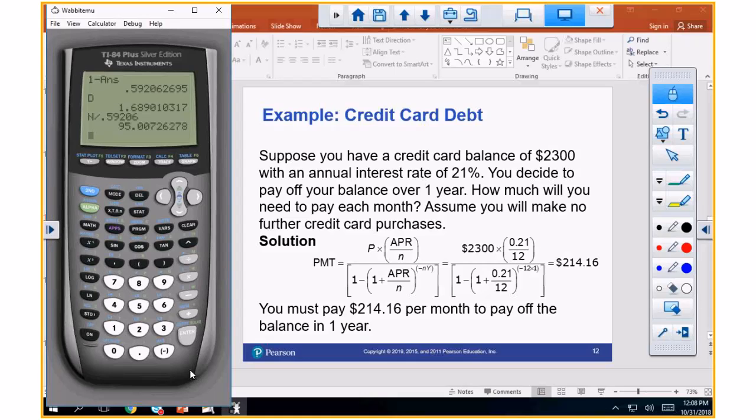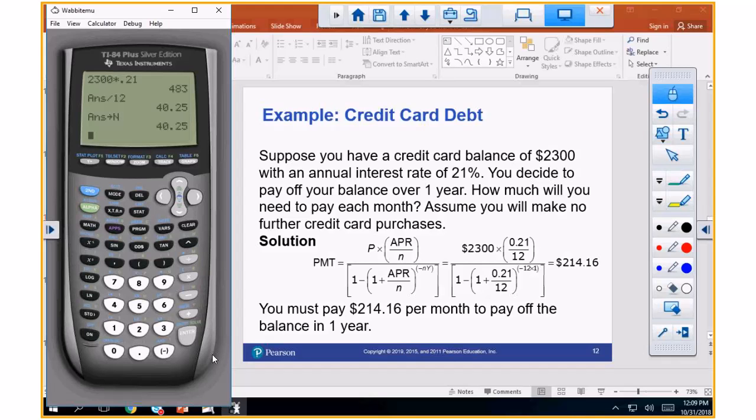I'm going to multiply 2,300 by 0.21. 2,300 times 0.21 equals, divided by 12. I got 40.25. Is that what y'all got? Yes or no? Okay, I guess that speaks for the whole class. Okay, we're going to stow that. Alpha N for numerator.